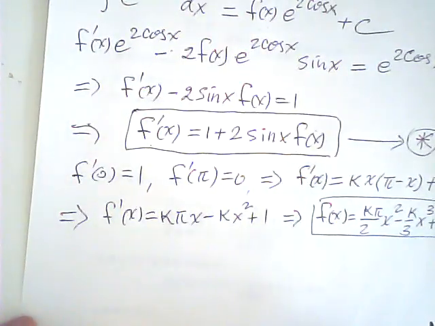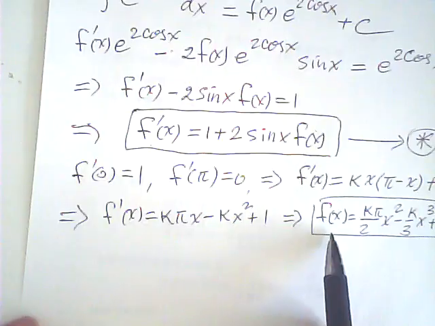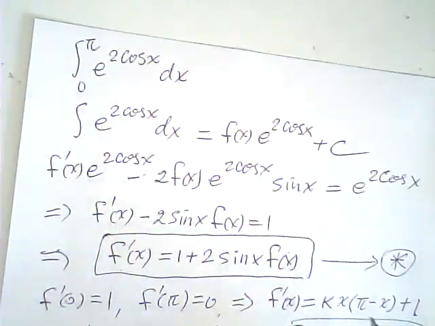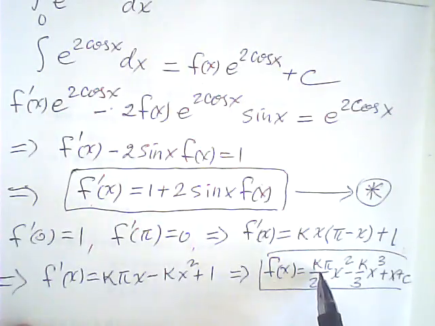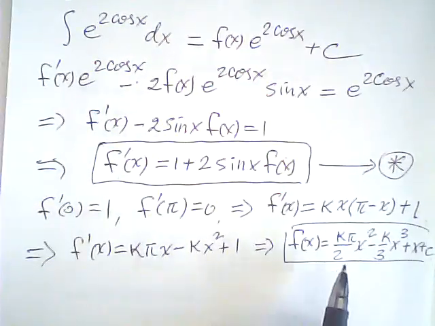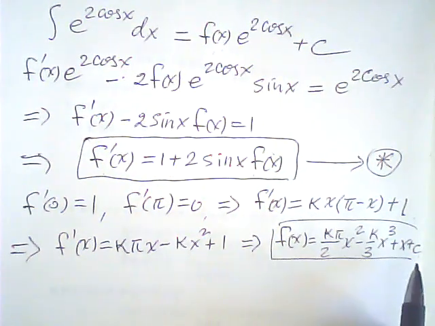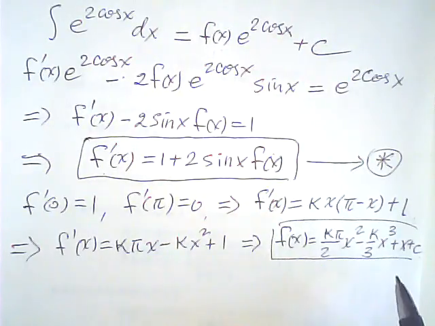Now, if we find f of x, we finish this integral. How to find f of x? We need to find k and c. You have two constants to determine. Now, to determine two unknowns, you need two equations. So we must create two equations.